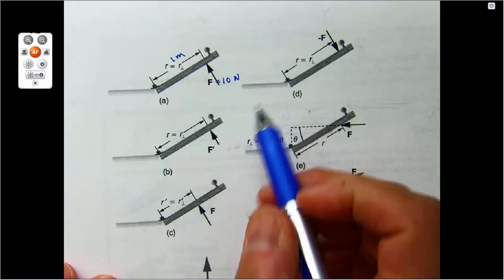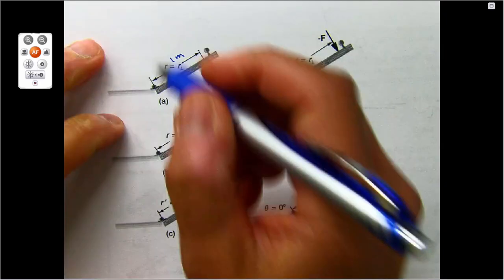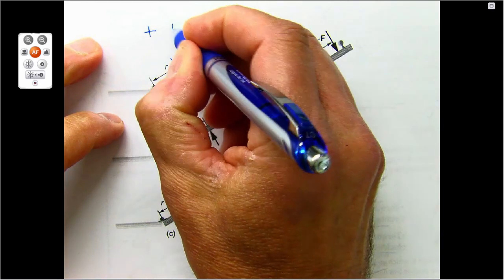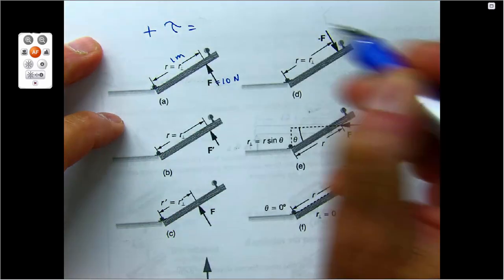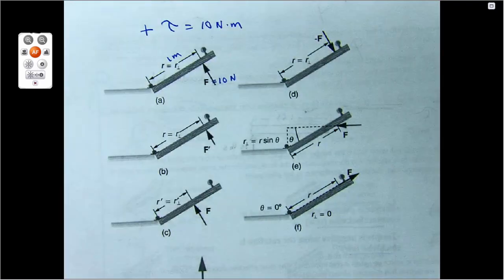So this is looking at a door from overhead. Are we going clockwise or counterclockwise? We're going counterclockwise. Is that positive or negative? Okay, so this is positive torque equal to 10 newton meters, right?